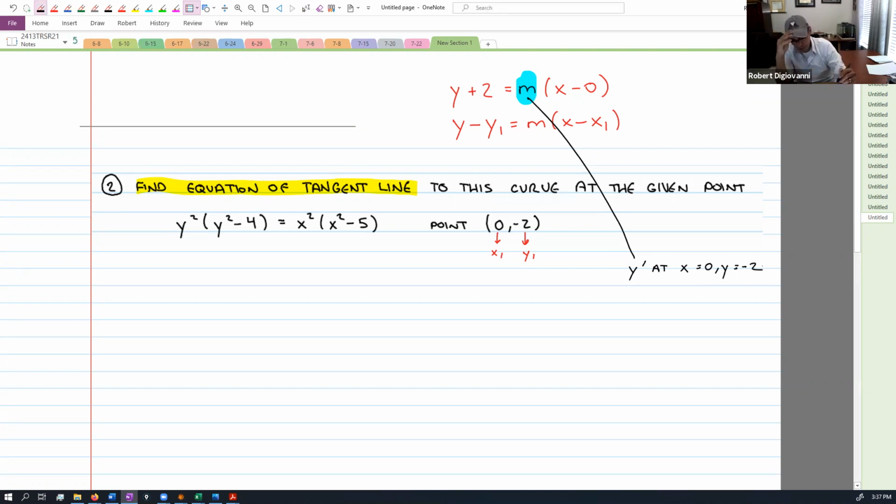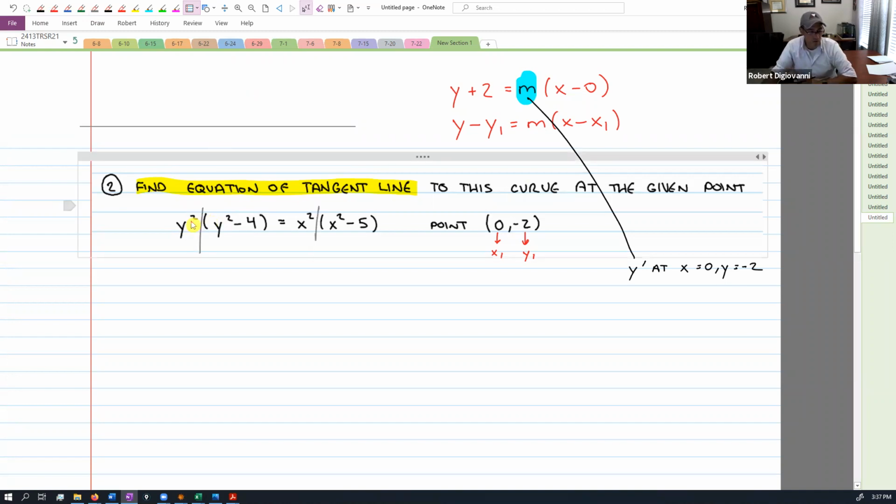So we need the derivative. This is an implicit equation. We can't solve it for y, so I'm going to use implicit differentiation. Daniela, there are two ways to do this. You can leave it the way it is and treat these like products and do a product rule here and here.